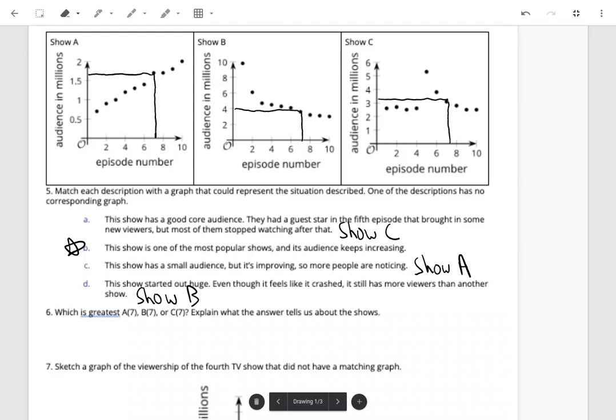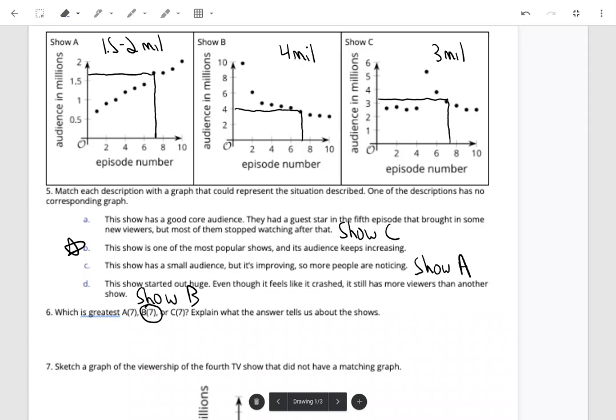Okay, so this one is at about 3 million, a little bit bigger. B is at about 4 million. And A is between 1.5 and 2 million. So which show has the greatest audience in episode 7? It's going to be show B, B of 7.